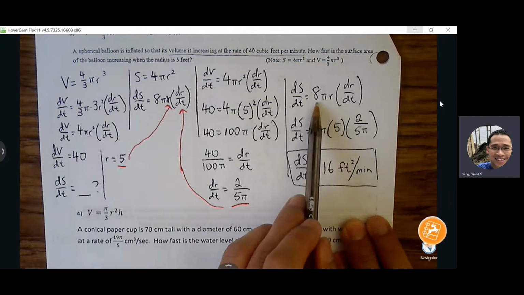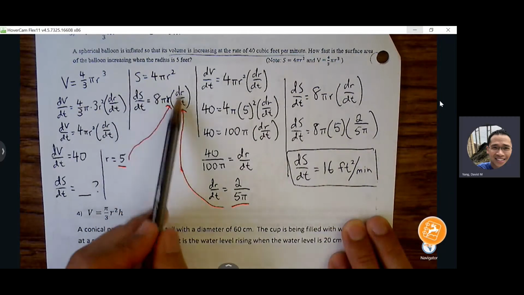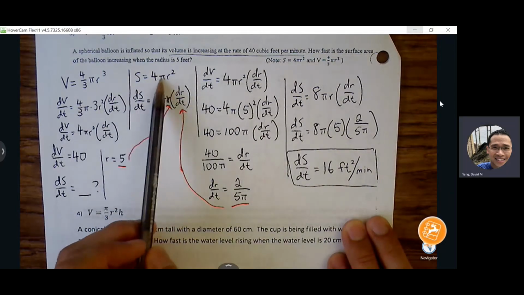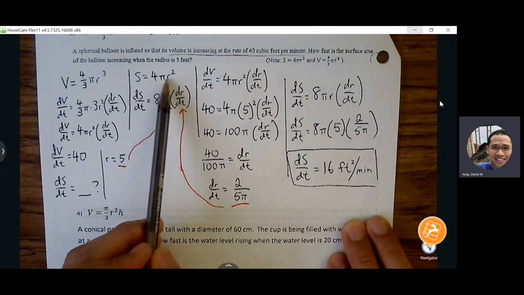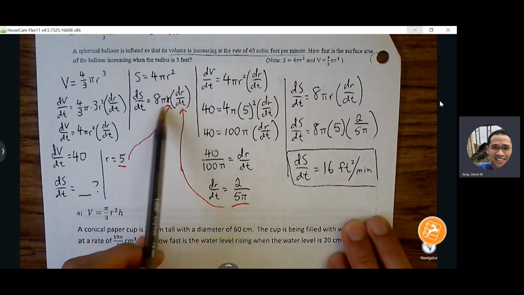Oh, this 8 right here came from dS dt. When we find the derivative, we bring down the 2. So 2 times 4 pi is 8 pi r dr dt.